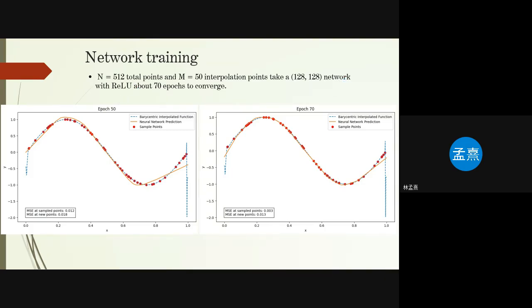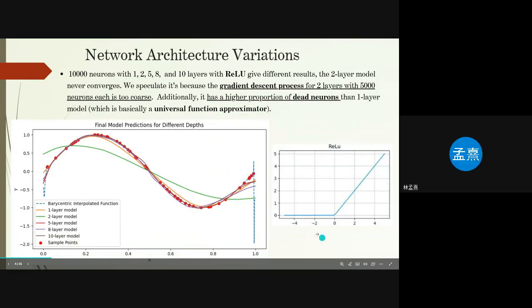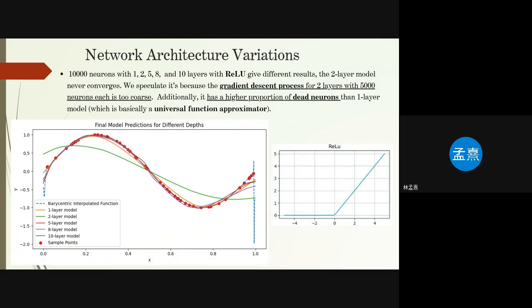And it takes about 70 epochs to converge. And this is our variation. We change the neurons to 10,000, equally distributed to 1, 2, 5, 8, and 10 layers.